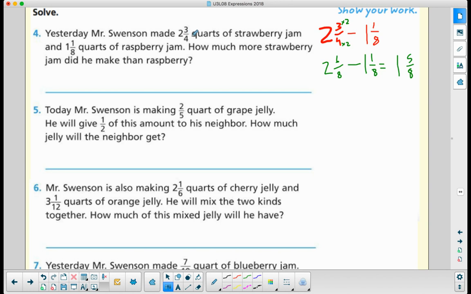I would have drawn out 2 3/4, crossed out a whole, changed my 3/4 into eighths and crossed out one of the eighths and seen that I had 1 5/8 left. So now in my answer spot, I would put 1 5/8 quarts.